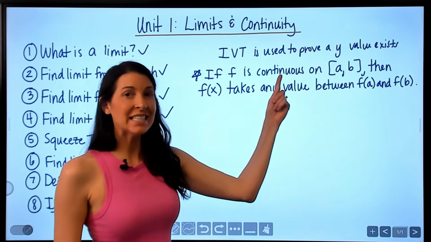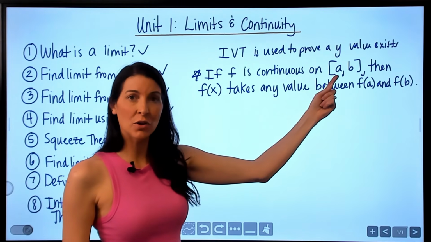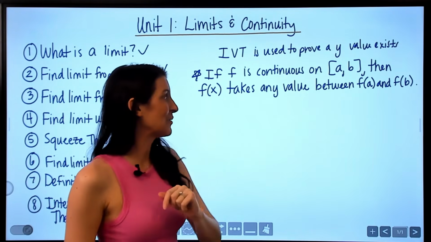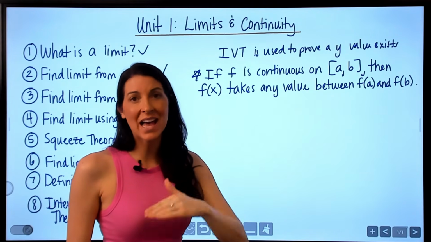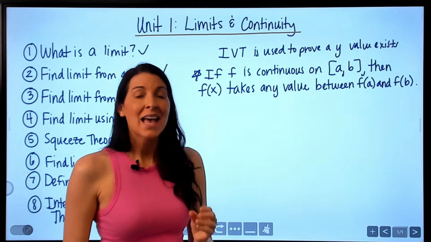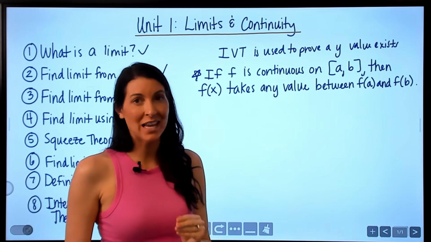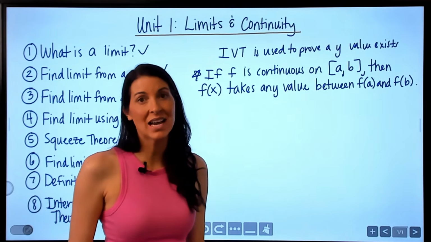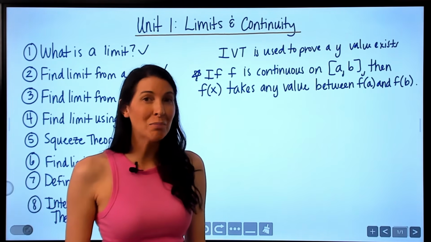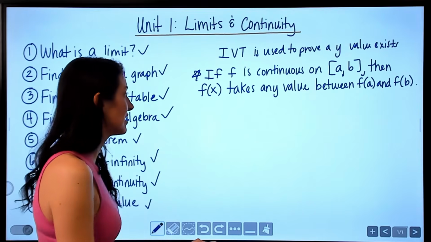If f is continuous on the closed interval a to b, then f of x takes any value between f of a and f of b. The most important part is you have to show that f is continuous on the closed interval. You cannot apply this theorem unless the function is continuous.